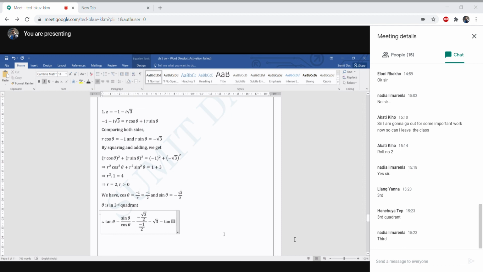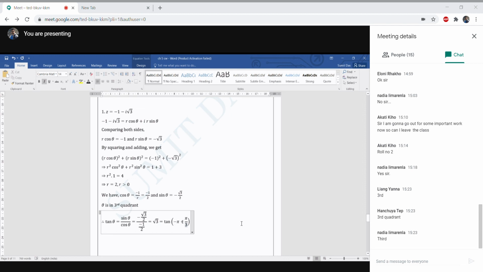So we can write, in the third quadrant, the value will be minus pi plus pi by 3. Why pi by 3? Because tan pi by 3 value is root 3, right?